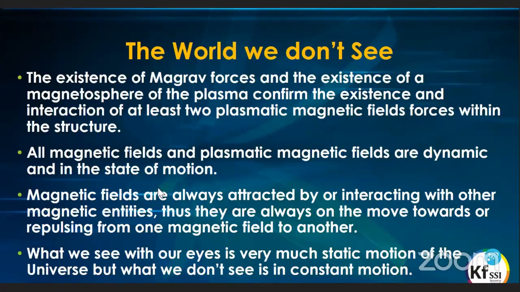So what we see with our eyes around us is very much static motion of the universe, but what we don't see is in constant motion. So in other words, what we see as the plants and animals around us, we would consider that static motion, but what we don't see beyond that is in constant motion and interaction.